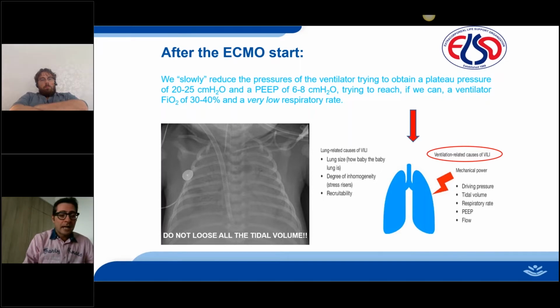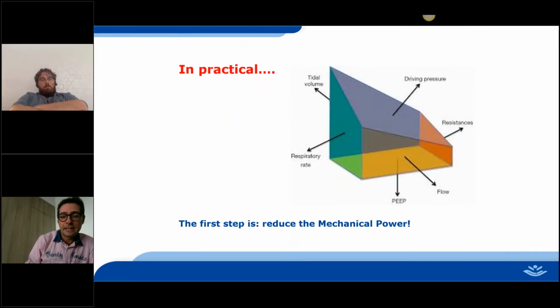And all these causes of VILI are the ones that are responsible for the mechanical power. In the mechanical power equation, there is the pressure, there is the PEEP, there is the respiratory rate, and there is also the tidal volume, as well as the flow and the resistances. Reducing these can be a good first approach to manage the lung at the beginning.